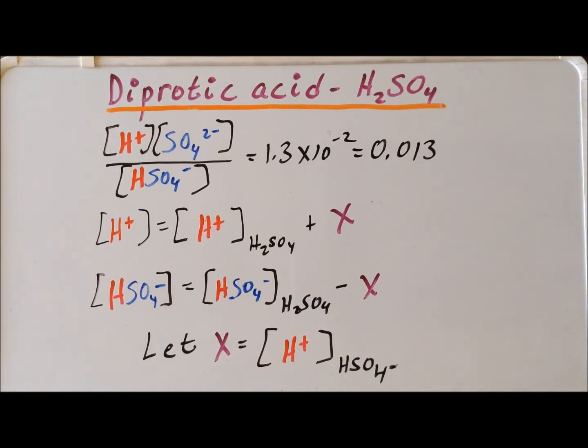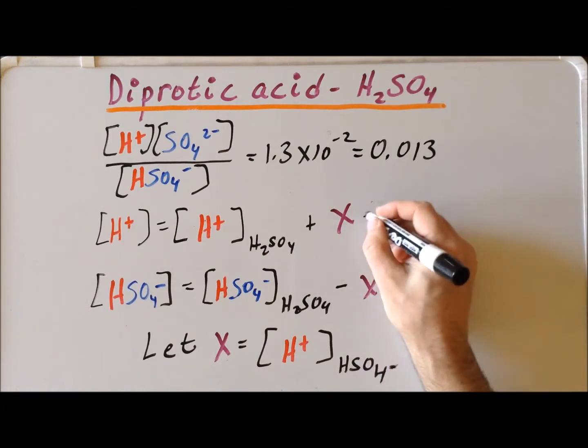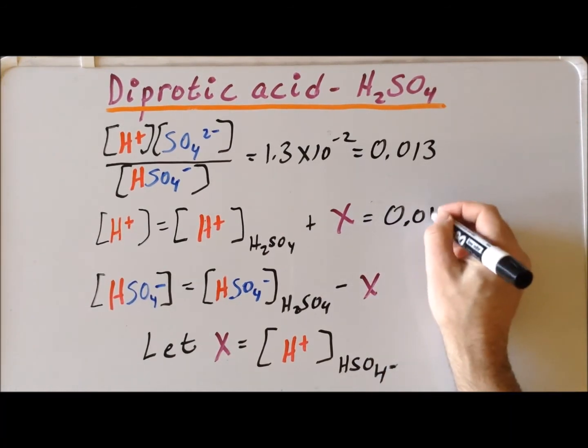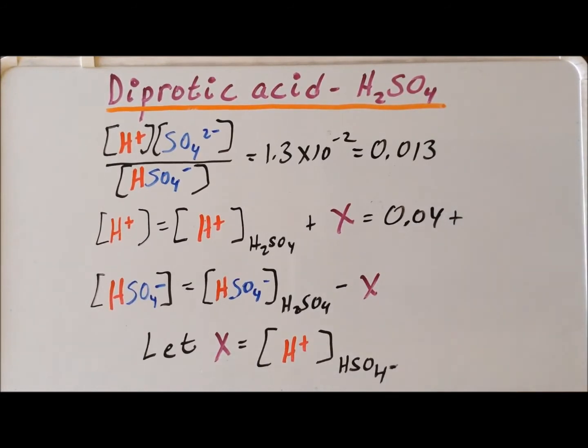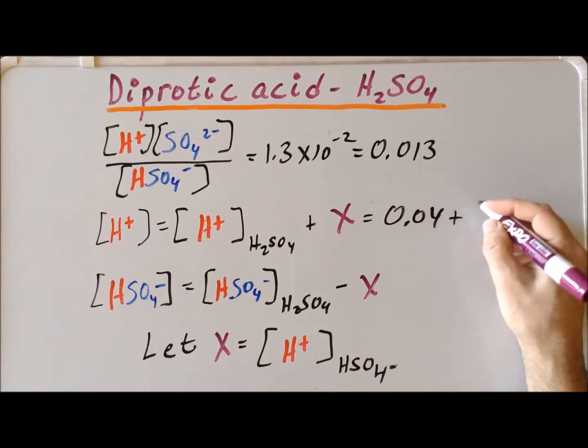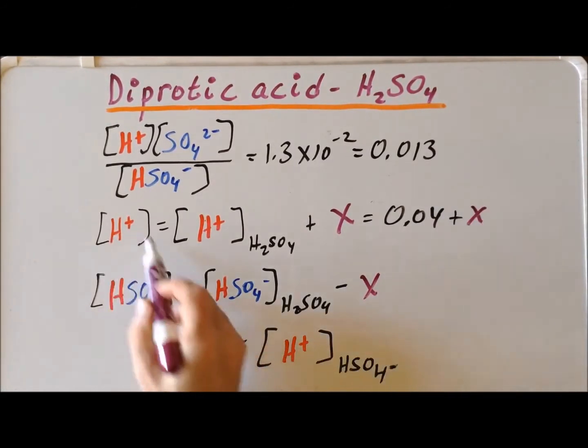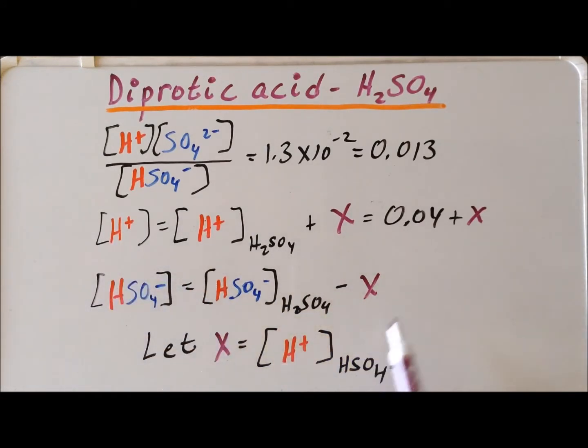Notice also that we have a value for this expression and for this expression after the first step of the ionization, and we know that each of those is equal to 0.04 molar. So we can express the overall concentration of H plus as 0.04 plus x.